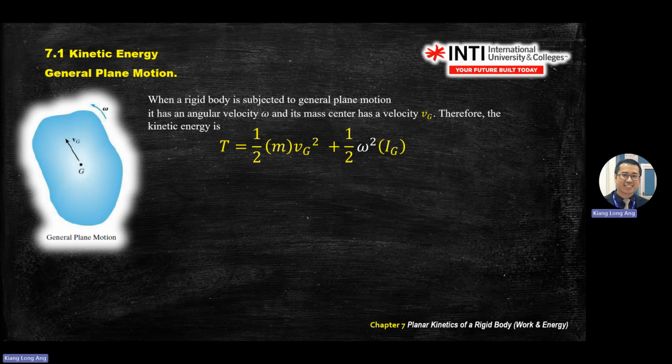This whole equation, when you have a general plane motion, you need to use the overall one. Or the only one equation you memorize, like what I write on the whiteboard here: half m v squared plus half omega squared I g.